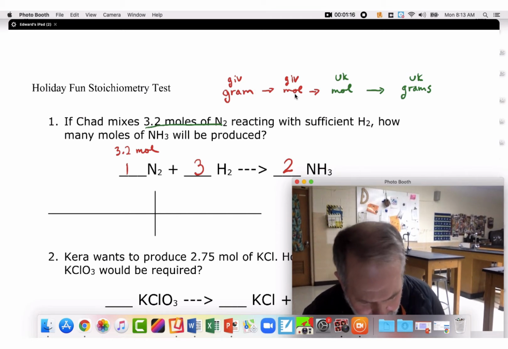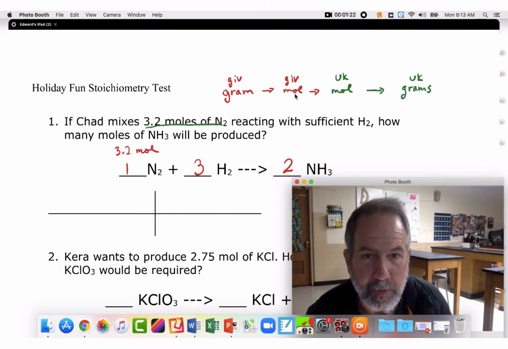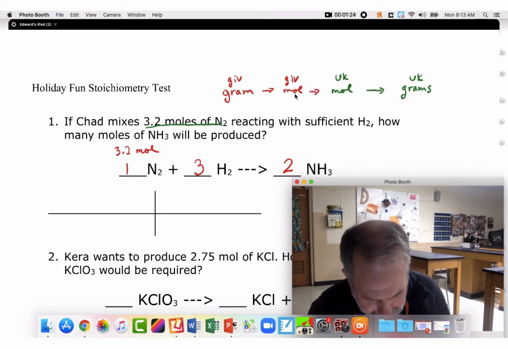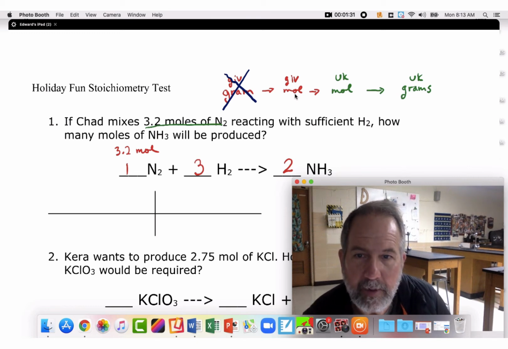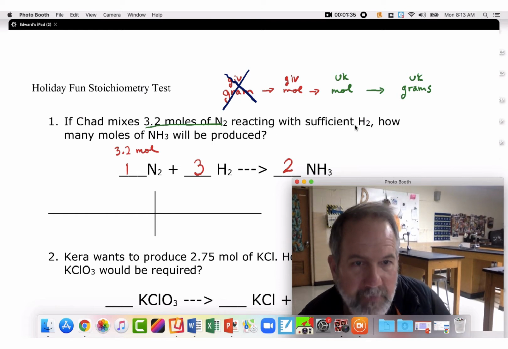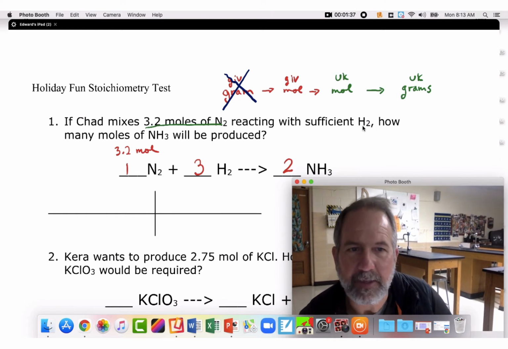So remember, if we have something else given besides grams, say we have moles given, then we can skip that first step. We don't have to backtrack. We're just going to skip that step that we don't have. Now what are we trying to find? It says it reacts with sufficient hydrogen. That just means it has enough to react with.